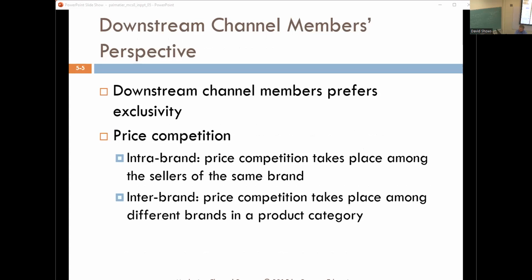The downstream partners have a totally different perspective. In their trading areas, they prefer and sometimes even demand exclusivity. They want to be the only distributor of a given product.